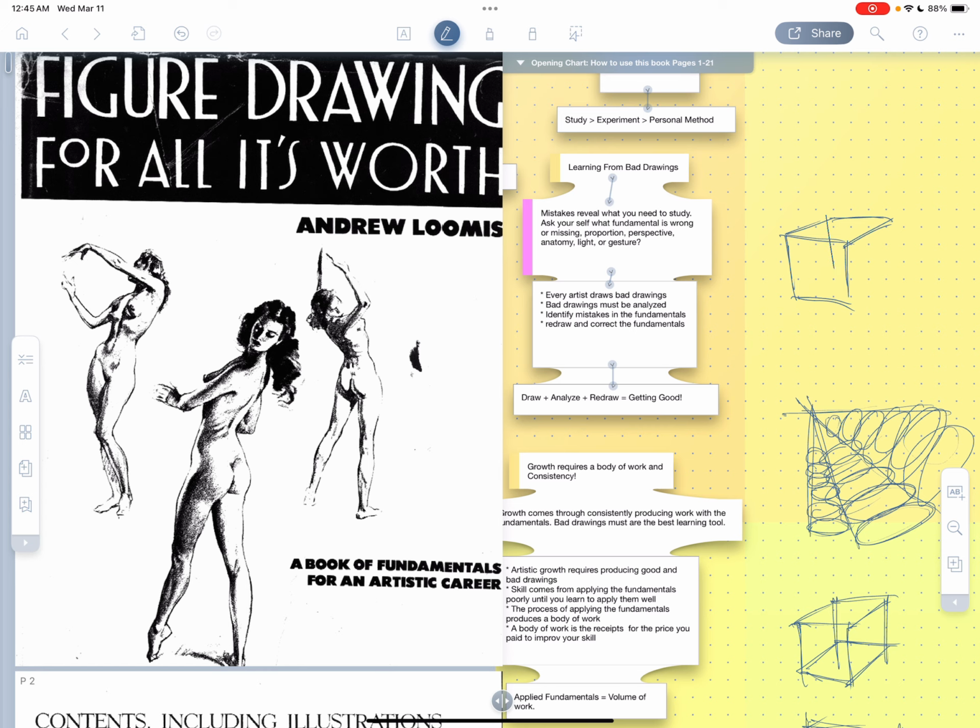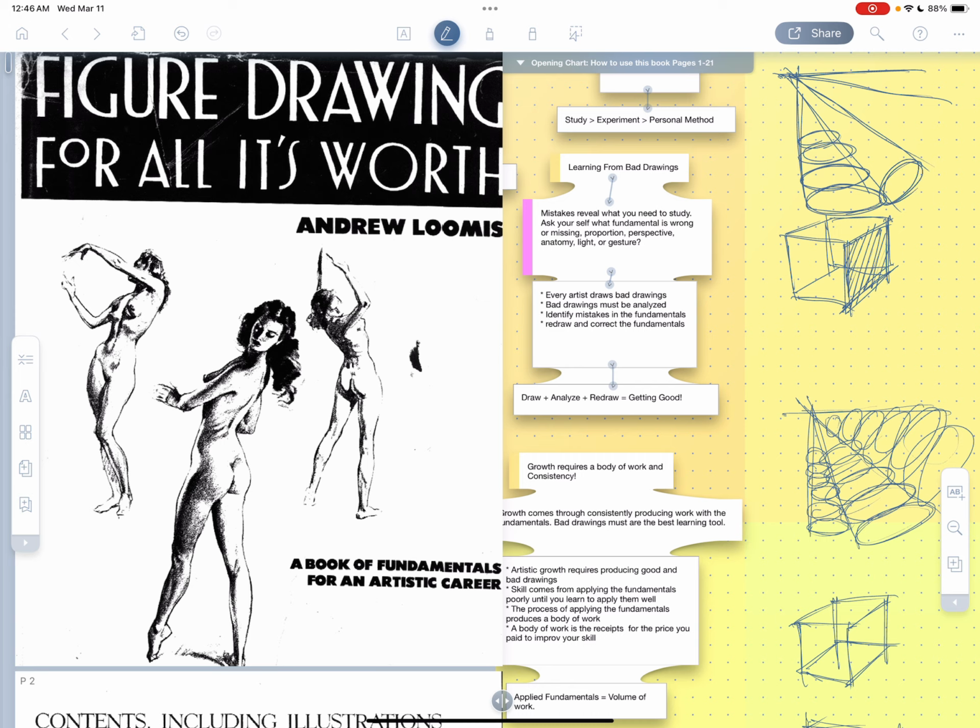You can draw, you can take notes, you can do all kinds of cool stuff. I'm just exploring. I don't even know all of the tools in this software, but this is day one of me using it. Day one of me studying the first chapter of Andrew Loomis, and boy, did I learn a lot.